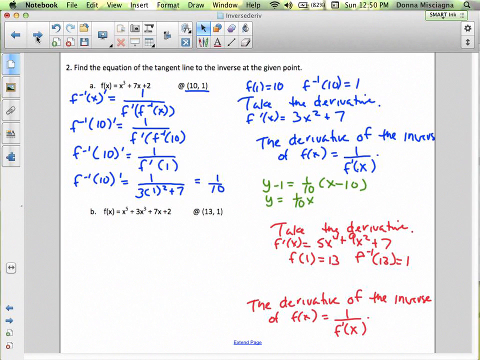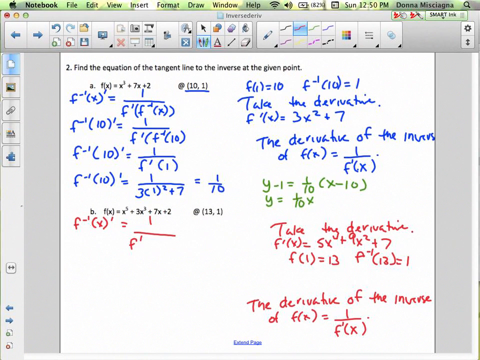All right, so we have the derivative of the inverse is going to be 1 over the derivative of the original function evaluated at the inverse. So that means f inverse prime of 13 is going to be 1 over f prime, and we have 13, which becomes 1.